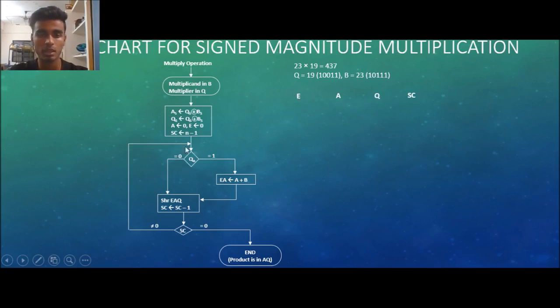According to this, when the value of Qn, that is the last bit of the multiplier, is 0, we shift EAQ to the right by 1 and decrease the sequential counter.